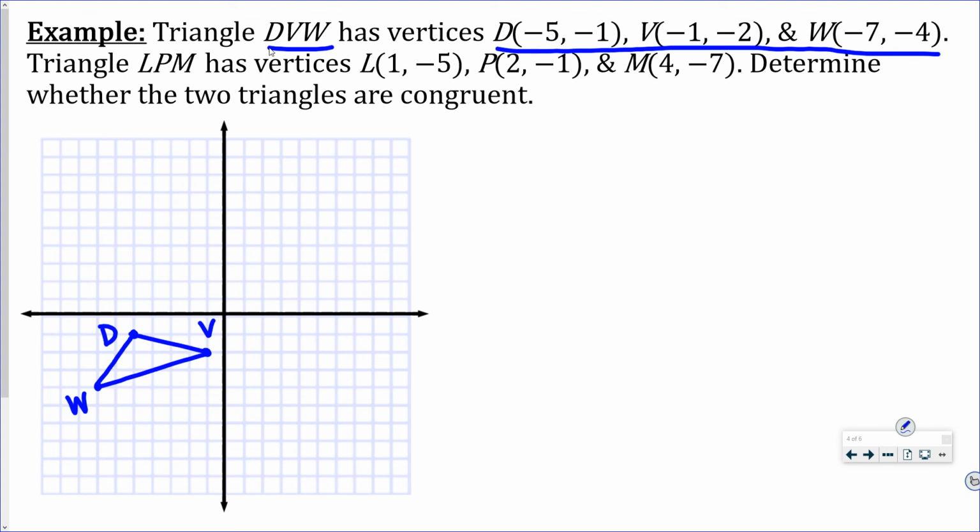Cute. LPM, I'm going to do in green. All right, so 1, -5 is L. 2, -1 is P. 4, -7 is M.